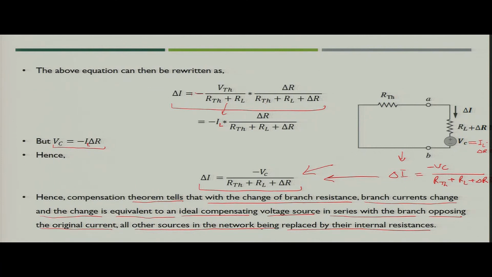So other sources are replaced by only the internal resistance. With this you can justify that the compensation theorem can be directly applied to a linear circuit by placing an updated voltage source in series with the resistance where the change delta R is happening, and finding the change in current directly with the help of the updated circuit.